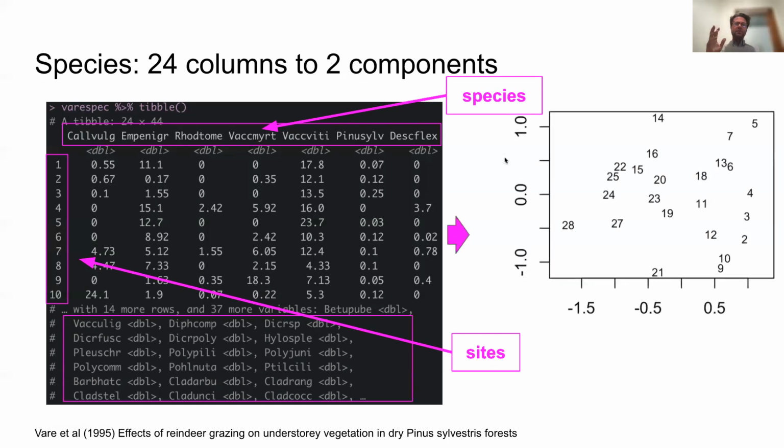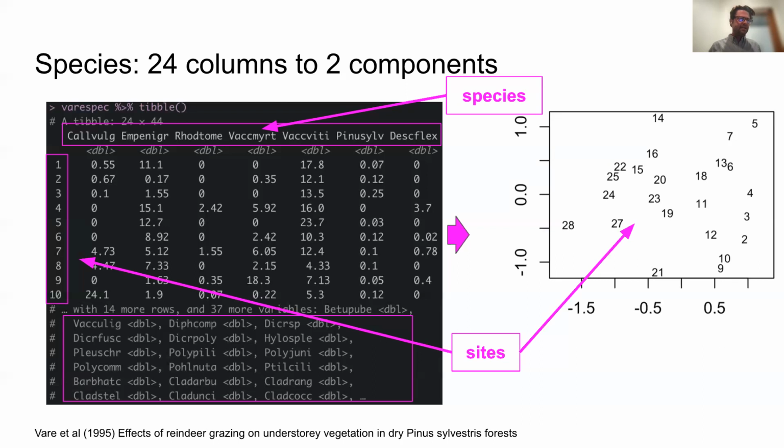What we can do is run an ordination on this data, and each of these sites is then labeled here with a number, the same as a row. Now we've explained most of the variance based on these two axes. There's some residual variance that it's not explaining, but this is the first order approximation of it.